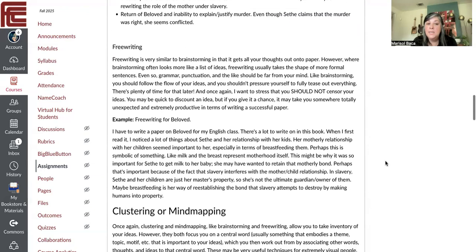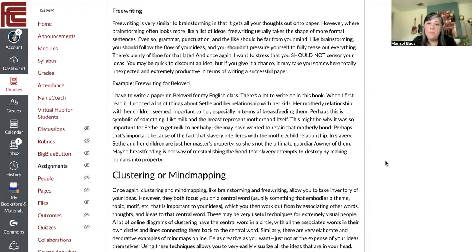The next technique is free writing. You're probably familiar with free writing. You basically just write without checking your spelling, checking your ideas. You just write for a few pages and get some ideas down. That's the second one, free writing.